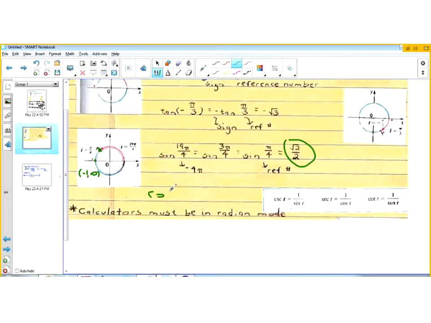So I'll leave it to you to verify that the cosine of 19 pi over 4 is equal to the negative of square root of 2 over 2. All right, and you'll use the table for that. Okay, so some examples. All right, okay, so other things about the trigonometric functions is that they have even and odd properties.